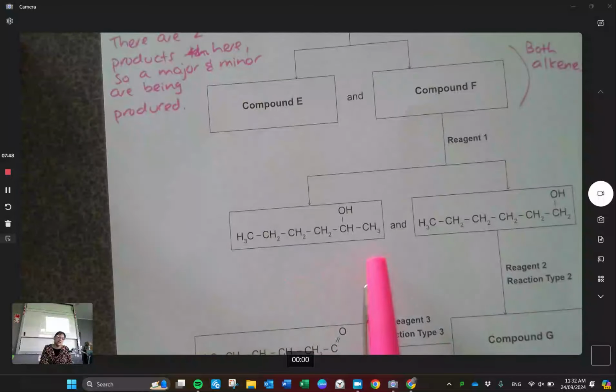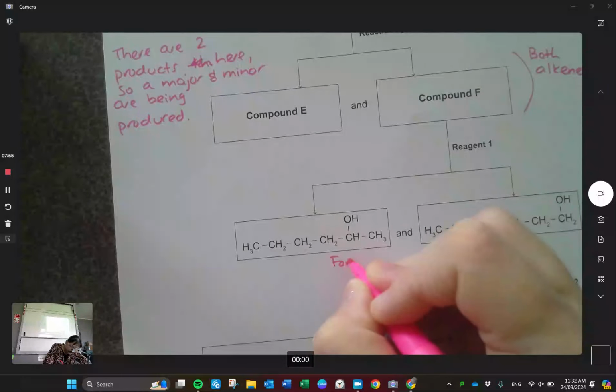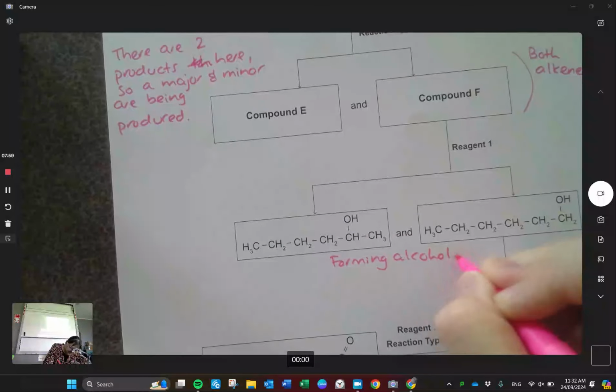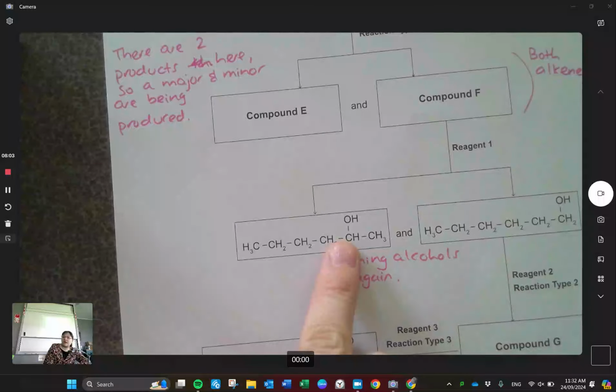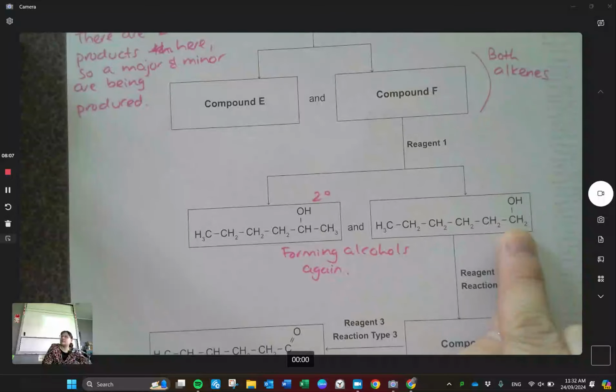So what I notice here is that I'm making my alcohols again. So we're forming alcohols again. And then if I look over here, this is my secondary one, and that one's the primary. Can you see how it's on carbon number 1?